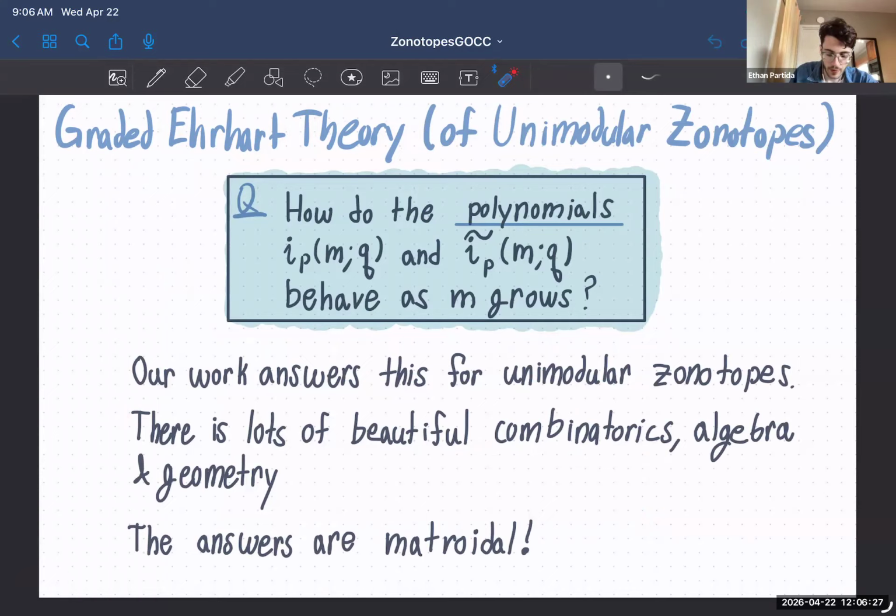I'm biased, but I think our answers have lots of beautiful combinatorics, algebra, and connections to algebraic geometry when we try to answer these questions. And one of my favorite parts is that we really do use matroids to get to these answers. Okay. So this is where we're going. But I will spend some time reviewing some facts from Ehrhart theory, things I like, and introducing graded Ehrhart theory in more detail now.